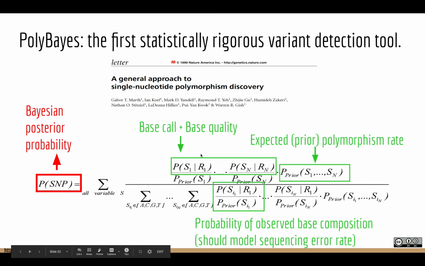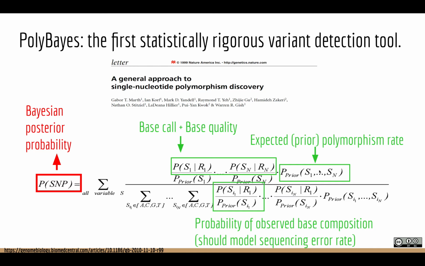What's modeled here is the probability of a given sequence in allele 1 from read 1, all the way through the probability of all the reads in all the alleles observed. So if there's depth of 8, this part of the equation gets expanded out to 8 terms. If there's 64 reads, it gets expanded out to 64 reads, etc.